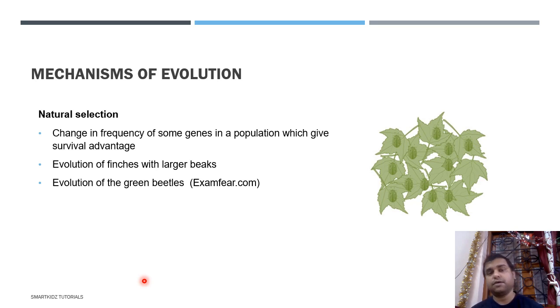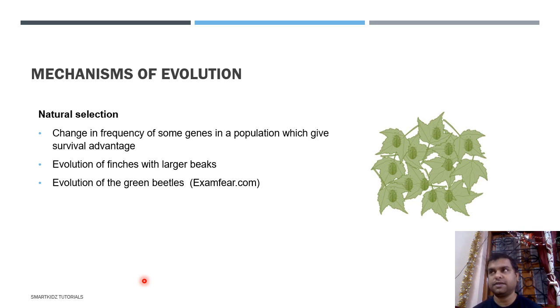So then, over a period of time, certain finches developed long beaks, and these finches with long beaks could use their long beaks to go deeper into the soil and get insects or worms which may not be present on the surface, giving them an additional resource.